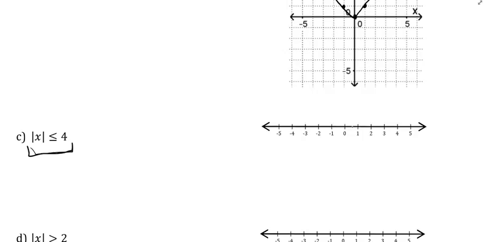It's true. Okay, so 0 is going to be included. You don't have to plot them yet. We don't really plot points, but I'm just going to do it for our thinking right now. What about positive 1, positive 2, positive 3? Are they good? Yeah. Positive 4 is less than or equal to 4. Yeah. What about the absolute value of negative 1? Negative 2, negative 3, negative 4.